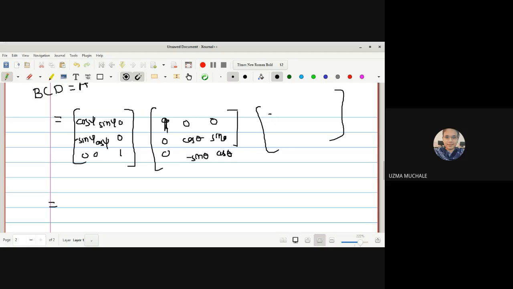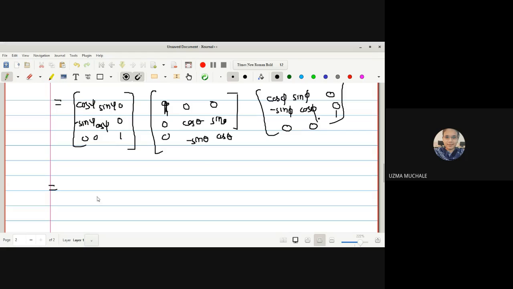Next is cos phi, sin phi, minus sin phi, cos phi, 0, 0, 1. Okay. So this we have to multiply. If you want to find out the answer, multiply these, and I will write the direct answer for this one. You have to multiply and you have to cross check the answer.